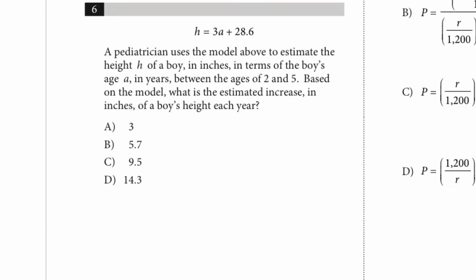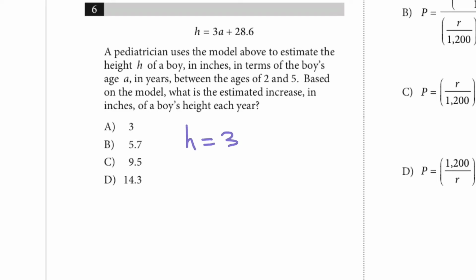Number 6. A pediatrician uses the model above to estimate the height h of a boy in inches in terms of the boy's age, a in years, between the ages of 2 and 5. Based on the model, what is the estimated increase in inches of a boy's height each year? So you can either think about this logically.